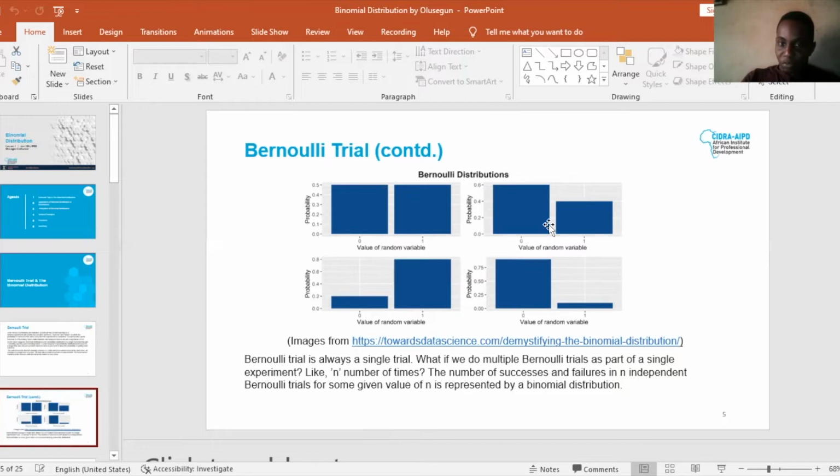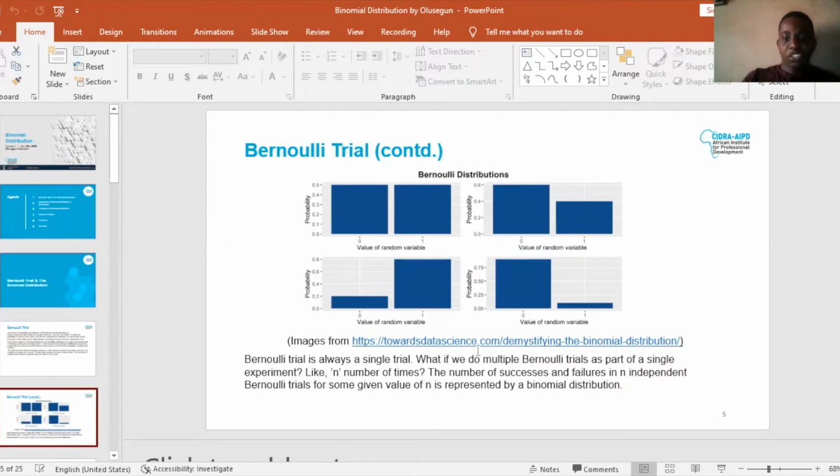Here, the second one, there's an 80% probability of a failure, which is 0, and a 70% probability of failure, and a 30% probability of success. But the important thing is that for every trial, success or failure probabilities are the same. Bernoulli is always a single trial.